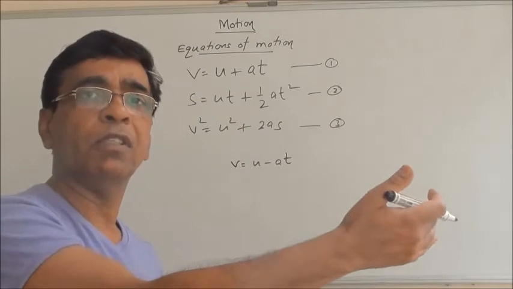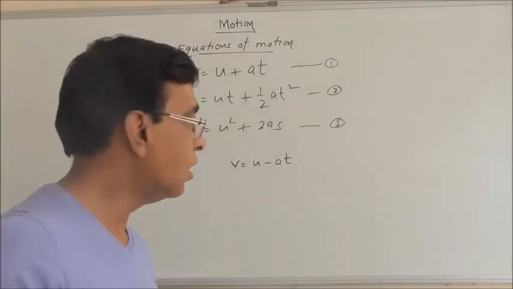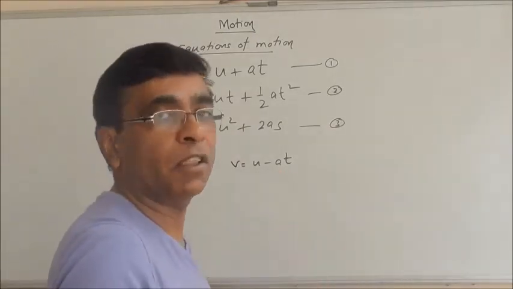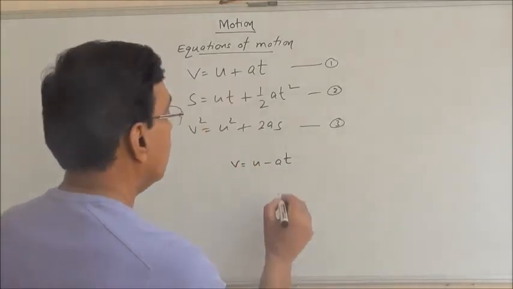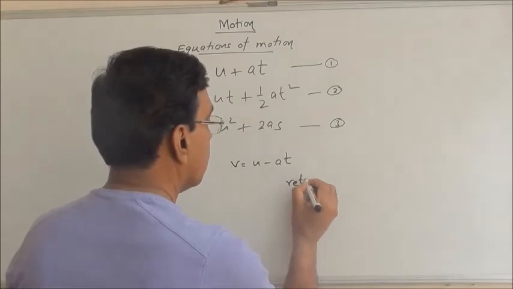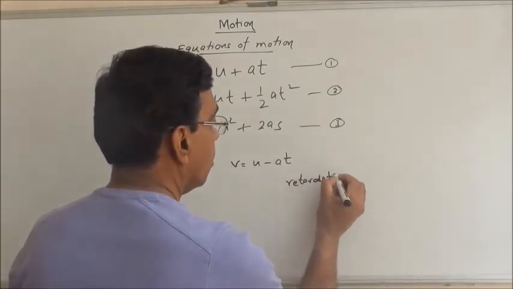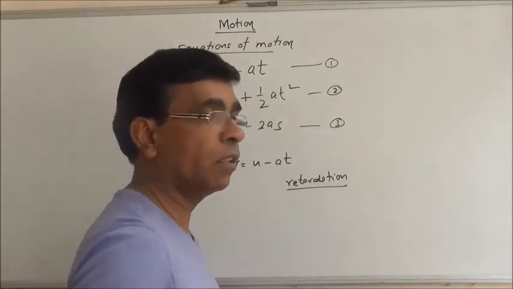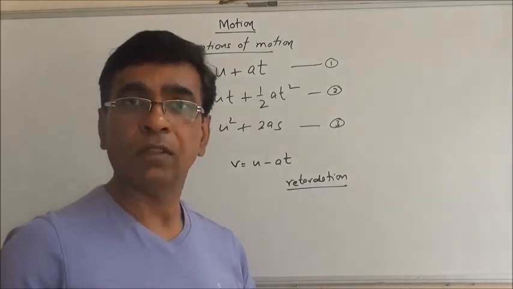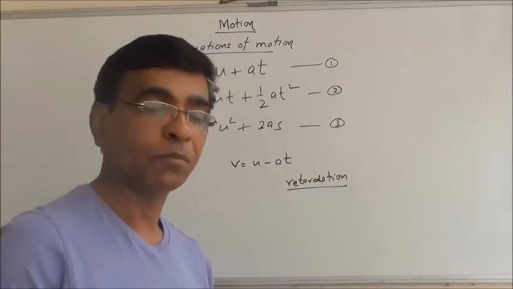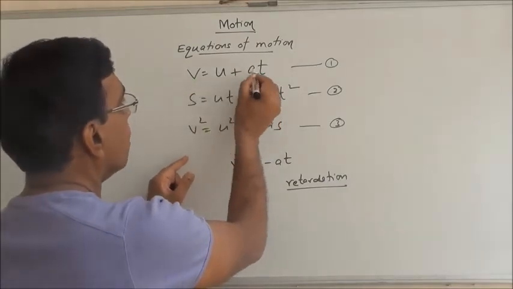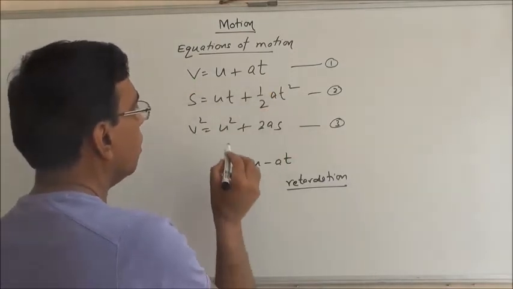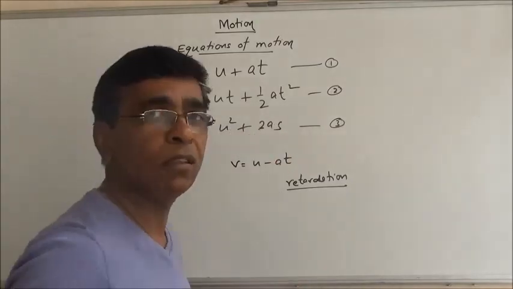So final velocity is always less than the initial velocity. Then the acceleration is actually named as retardation. Retardation is the name given to negative acceleration or deceleration. Then we will have minus now: v is equal to u minus at, s is equal to ut minus half at square, v square is equal to u square minus 2as.